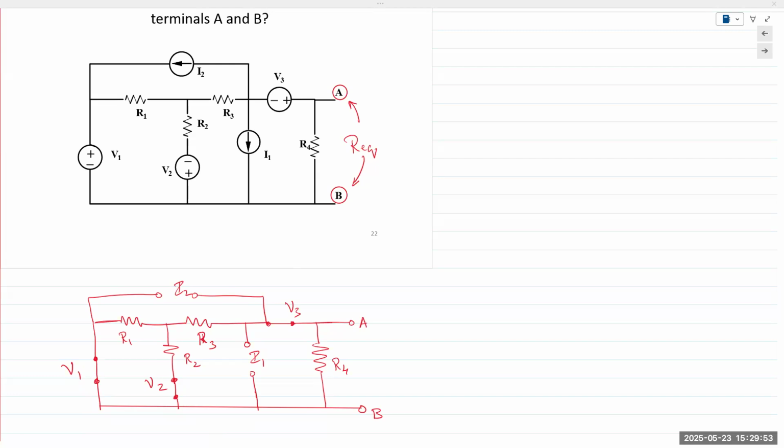So what is left behind in the circuit now? Just a bunch of resistors, right?